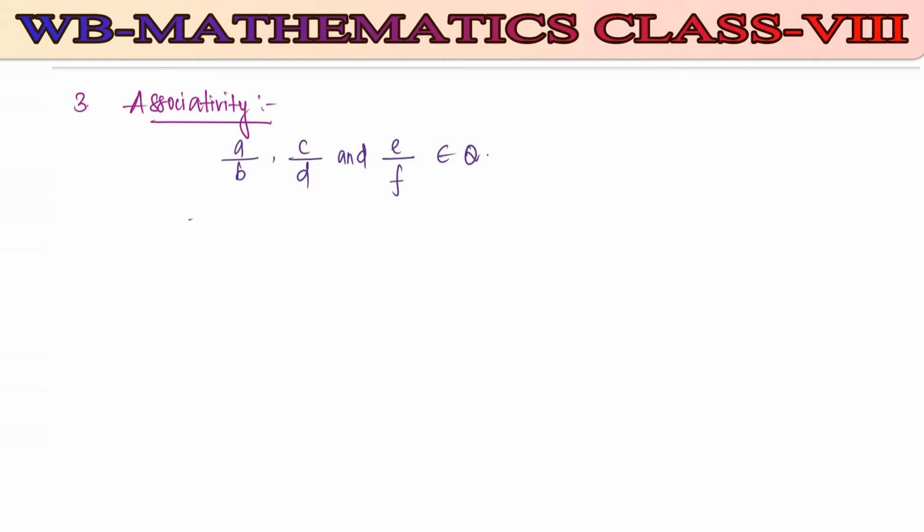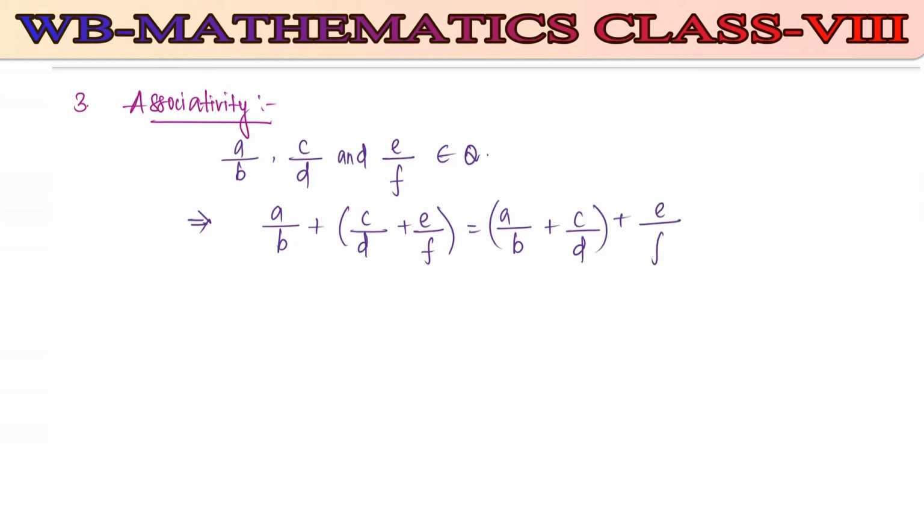It has to satisfy the condition that A by B plus (C by D plus E by F) is equal to (A by B plus C by D) plus E by F. Here the brackets are very important.